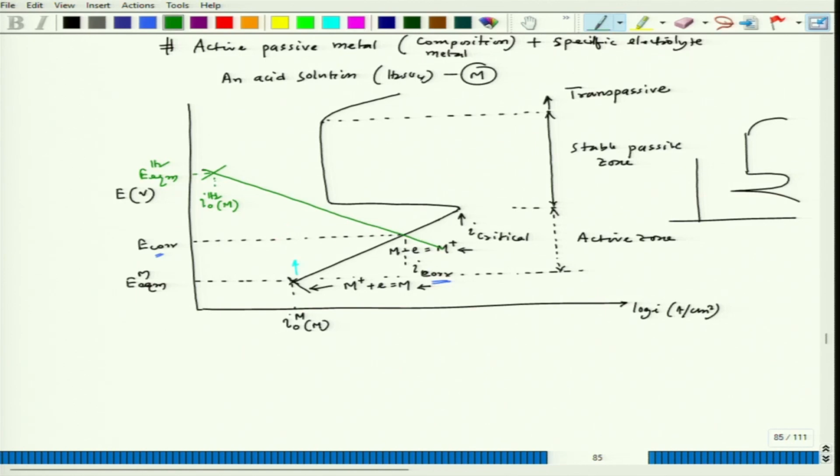So, this part will extend. So, if we draw with this color, I have just drawn a little off from that black line. So, it will be almost on top of that line depending on the difference of IC and IA.